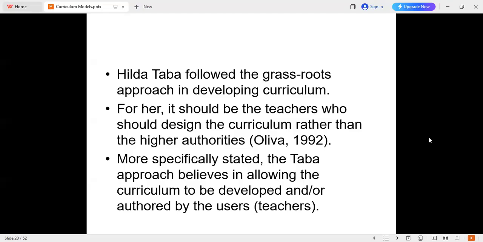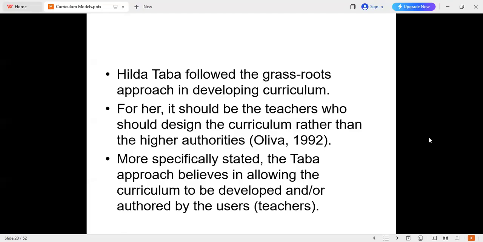What's happening in Sri Lanka? Whether the teachers prepare the curriculum or higher authorities, according to your knowledge, your experience, who is preparing the curriculum? Higher authorities.